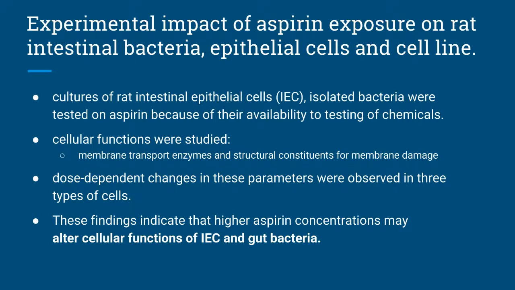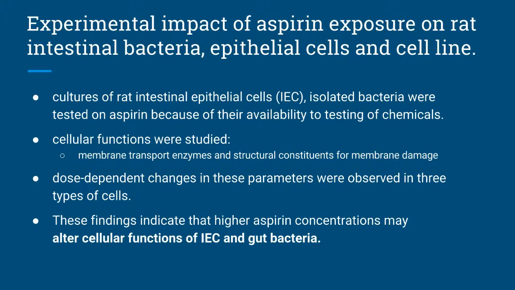In a study called Experimental Impact of Aspirin Exposure on Rat Intestinal Bacteria, Epithelial Cells, and Cell Line, the original aim was to test the availability of these three types of cells to be tested by chemicals, to show the effect of the drugs.